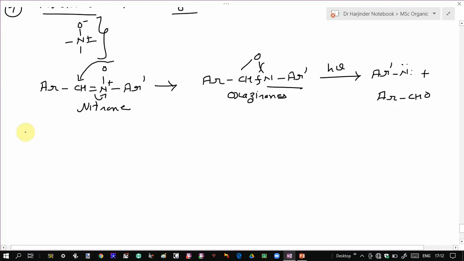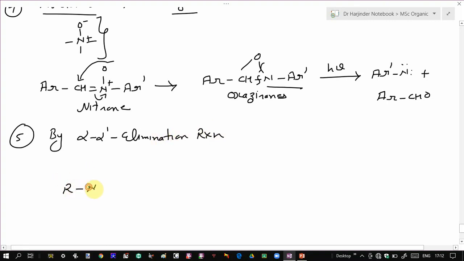The last method of their preparation is by alpha elimination reaction. You can also call it a 1,1-elimination reaction. For example, if you have this one, upon heating this undergoes an alpha elimination.